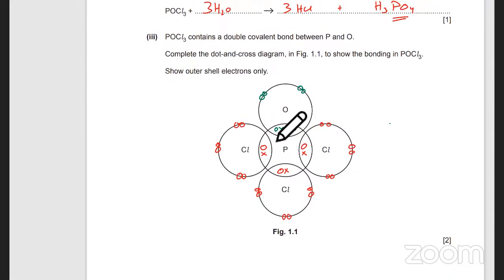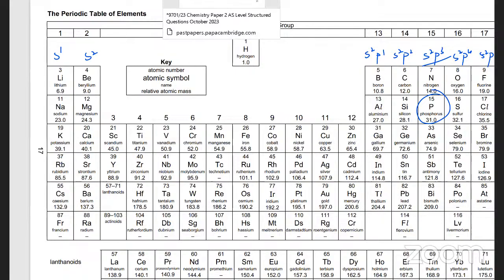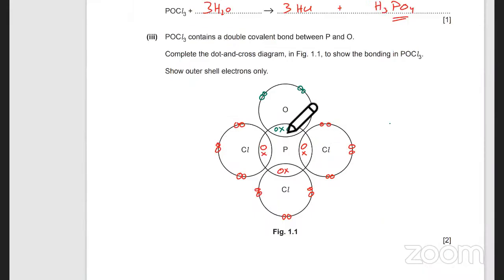And also remember one thing, elements that are in period 3, जैसा ये फास्फोरस है ना, phosphorus is in period 3, ठीक है। Period 3 and beyond, the octet rule does not apply to them. क्योंकि period 1 में the outer shell can have a maximum of 2 electrons. Any element that's in period 2, the outer shell can have a maximum of 8 electrons.